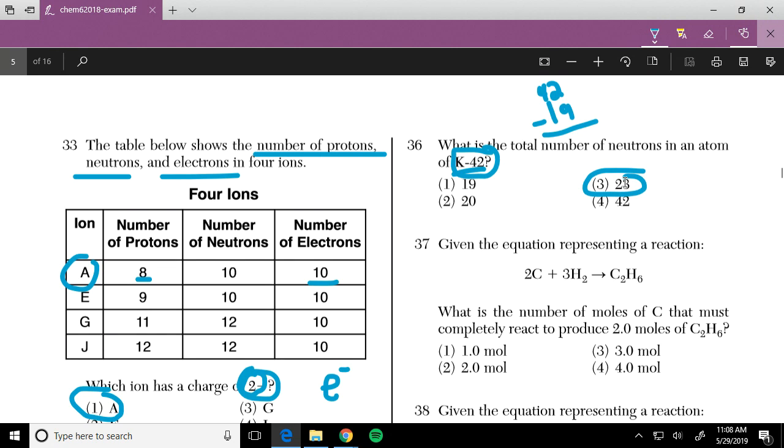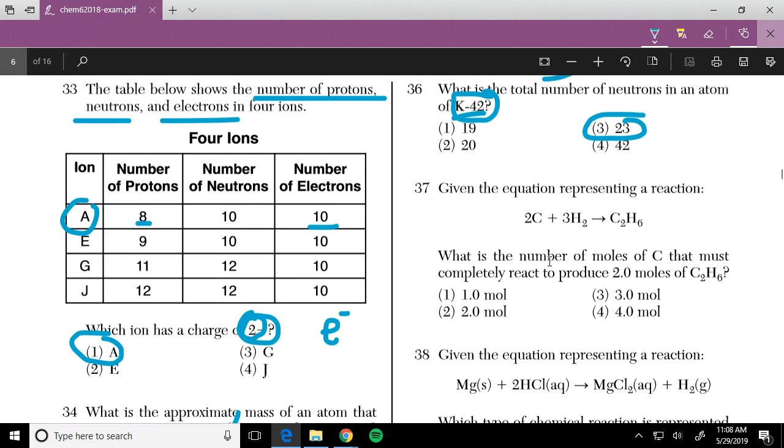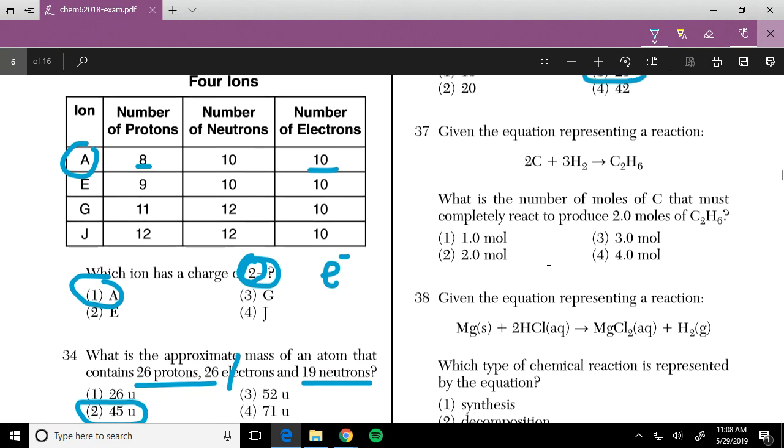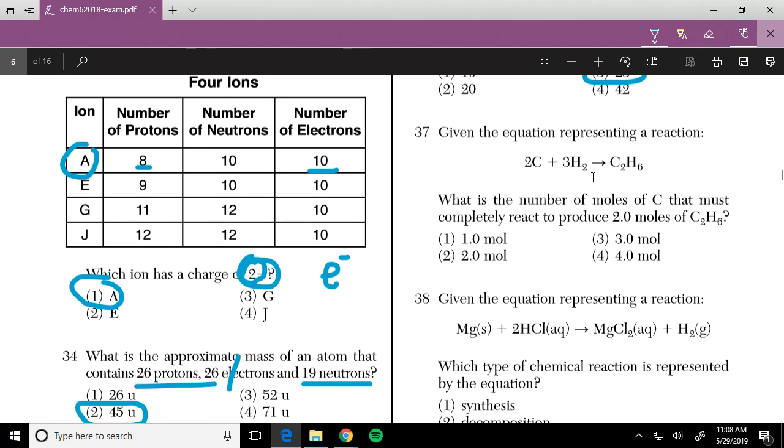And I bet 39 minus 19 is 20, and the most common wrong answer to this is going to be number 2, because then you used the actual mass on the periodic table instead of using the mass 42, which is the isotope this one's talking about.